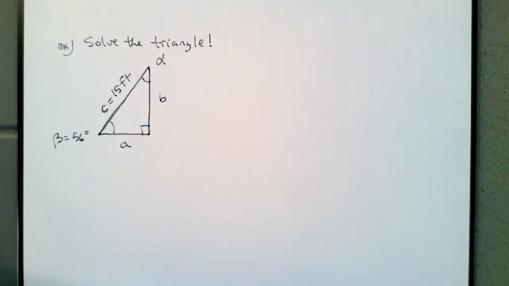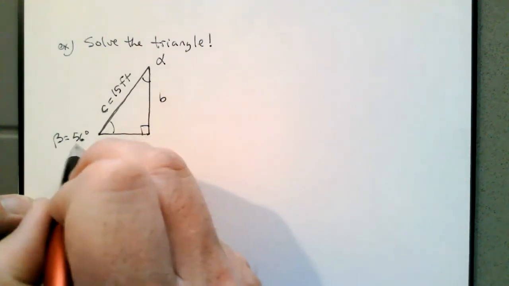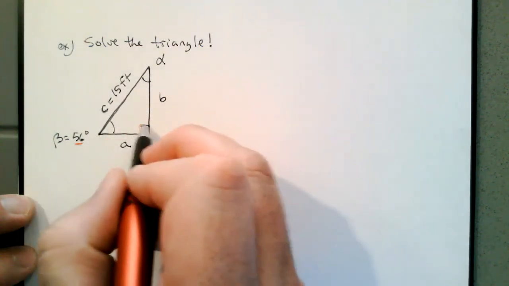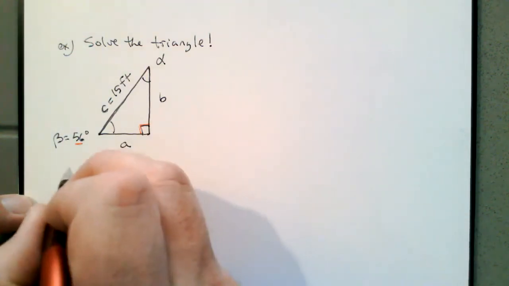Since we have two angles, the best practices dictate that we should subtract to find the third angle. So the first thing we're going for is angle alpha. We have two angles, so we should subtract to find the third. That's just best practice.